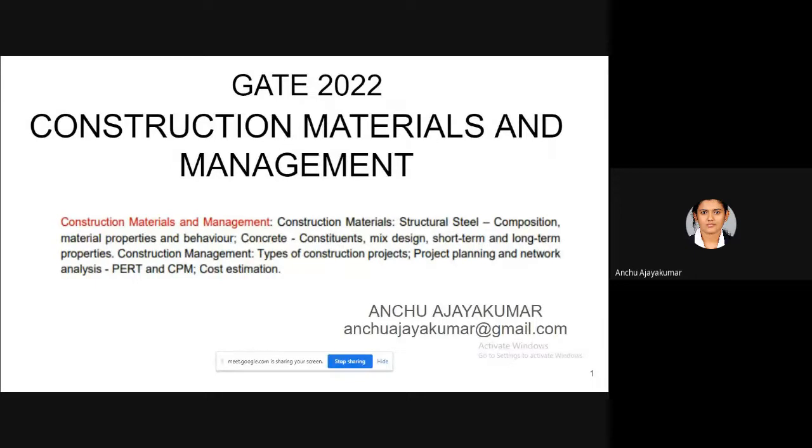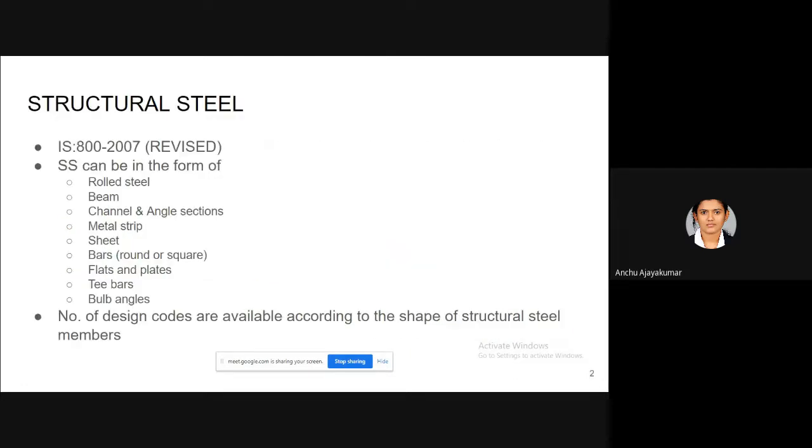So I am including here some of the important materials from which GATE-oriented questions are coming. The first one is structural steel. What I am trying to tell you is not a regular class, just pointing to the GATE point of view. You have to know some of the basic objectives or basic questions about structural steel.